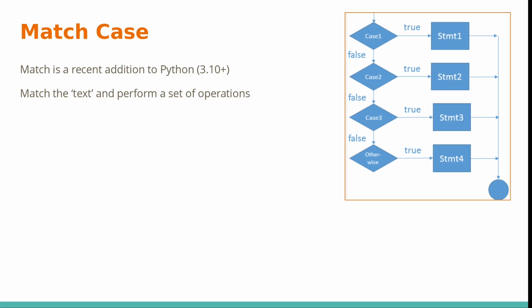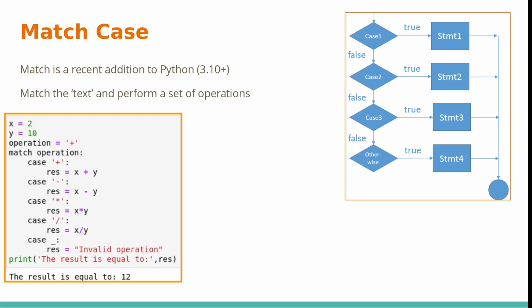What it does is there is a text that is matched, and then once the text is matched, you perform a set of operations. For example, I have 3 inputs here. X is equal to 2, Y is equal to 10, and I'm calling another variable here called operation, which I'm putting equal to plus.